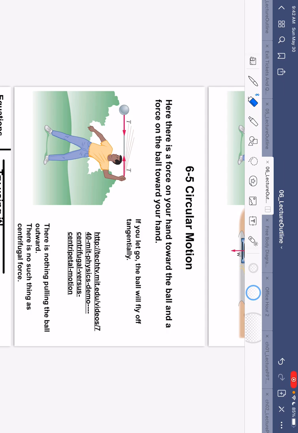If this is my circle and the object, and suddenly I have the string cutting off, the object is going to fly, because now it's under no force initially, but finally it is of course going to curve based on gravity. The centrifugal force is a fictitious force, it's not there.